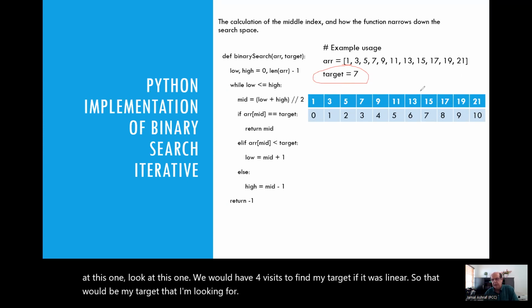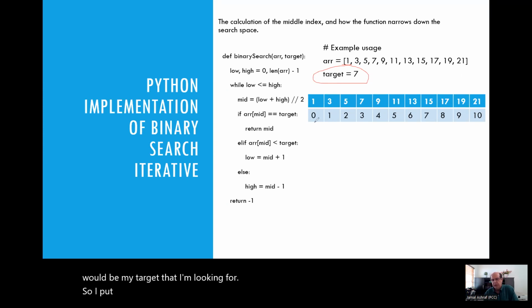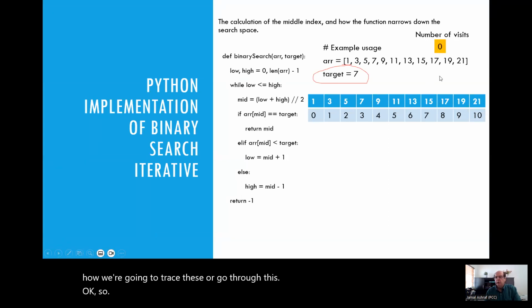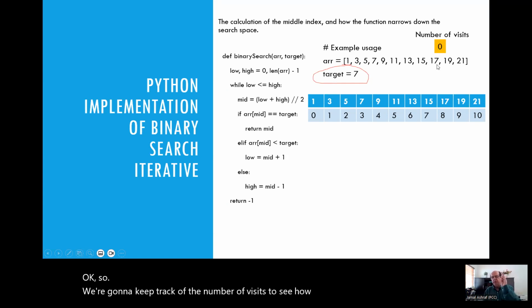So I put that in a visual way. I put the index on the bottom of each element so we can see how we're going to trace this or go through this. Okay, so we're going to keep track of the number of visits to see how many times we visit this to get where we want to go.